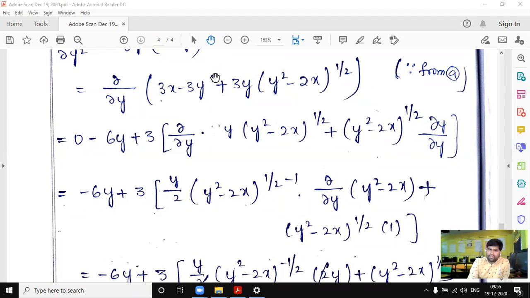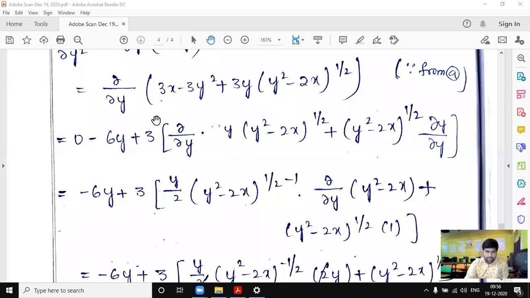3 into y² differentiation is 2y, so that becomes minus 6y plus 3 into, here you have to apply the uv formula, u into v dash plus v into u dash, because we are differentiating with respect to y. Here there is a y term, and here also there is a y term, so you have to apply the product rule, uv dash plus vu dash.